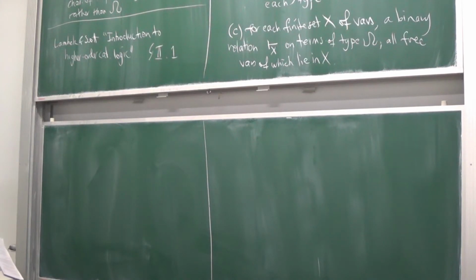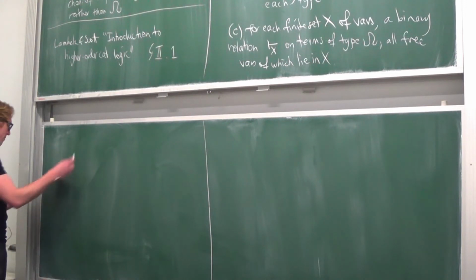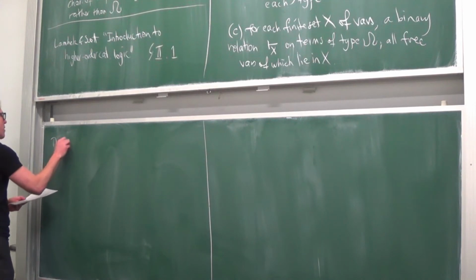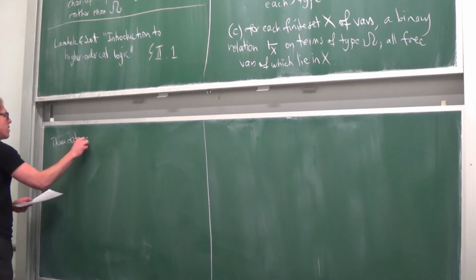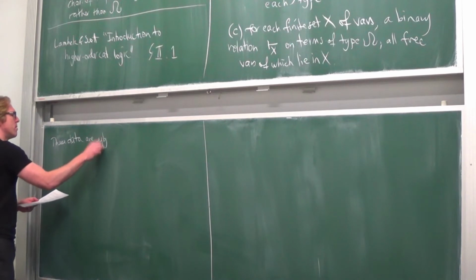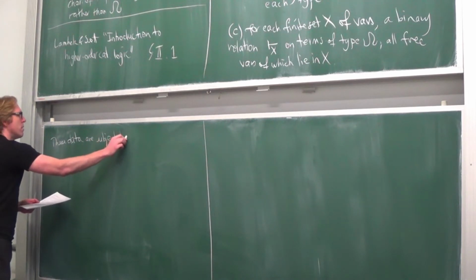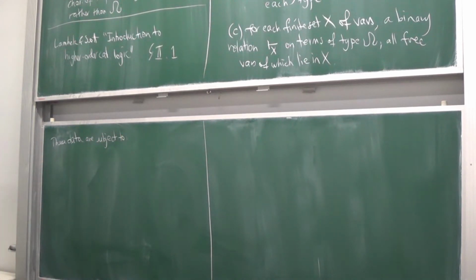I have to tell you what the valid constructors of terms are and the valid constructors of types. Maybe it's worth giving the global outline of how the definition is going to go, because it's going to take up a long time.